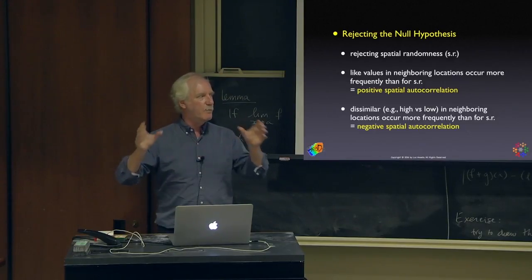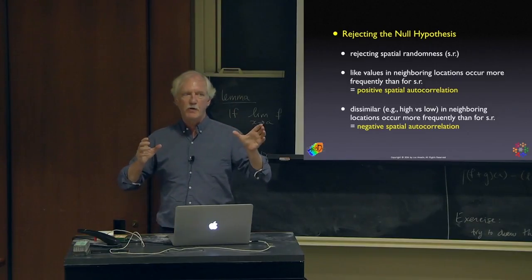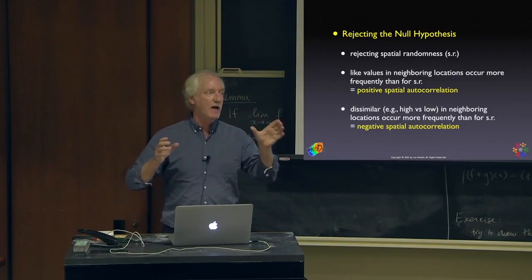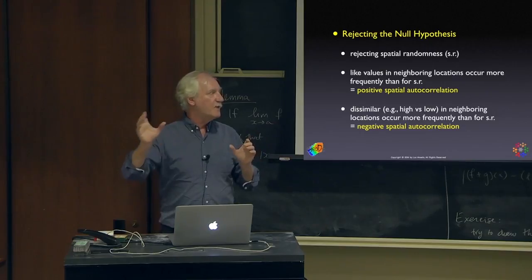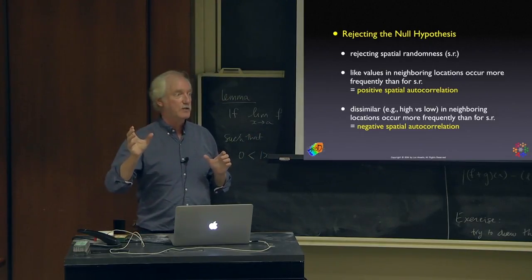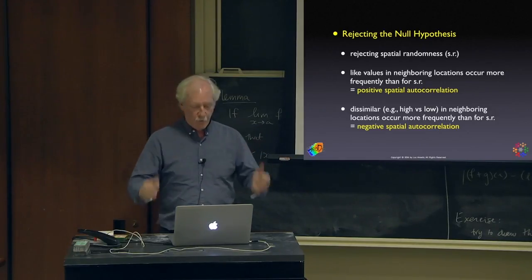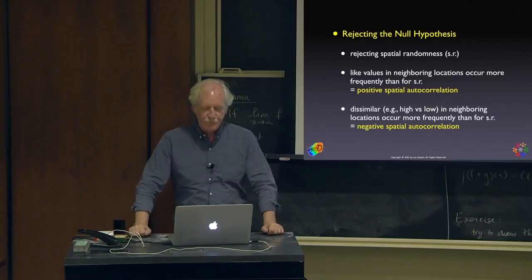So you see the two components, and we'll make those more formal later on. There's a component about the similarity of the values, of the attributes, and there's a component about the similarity of the locations. And the two together bring us positive spatial autocorrelation.